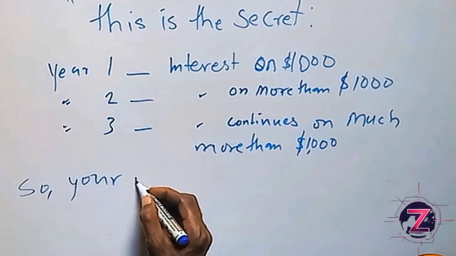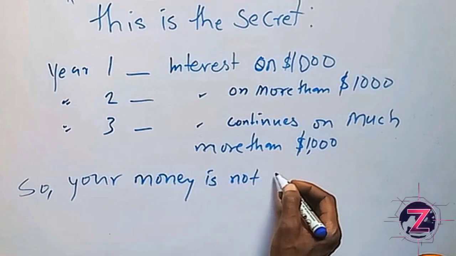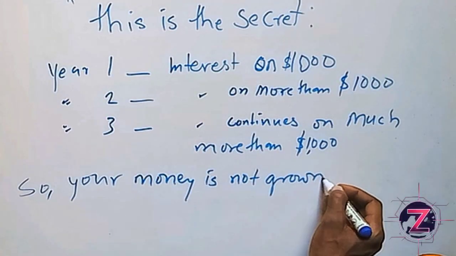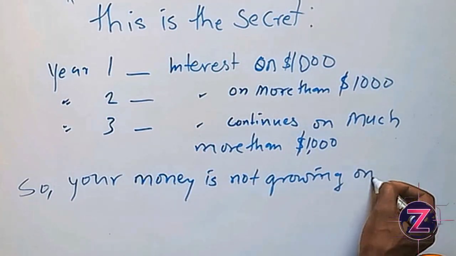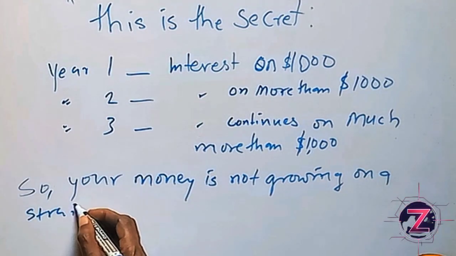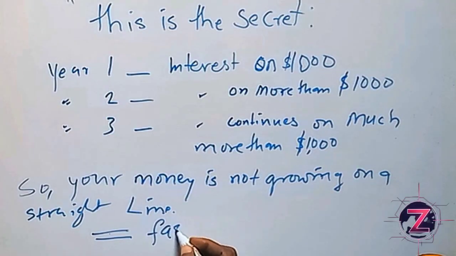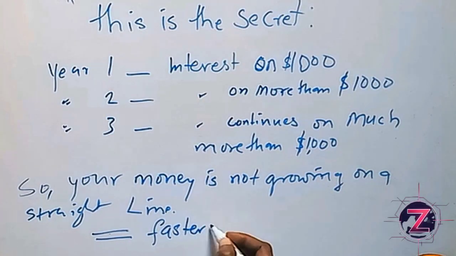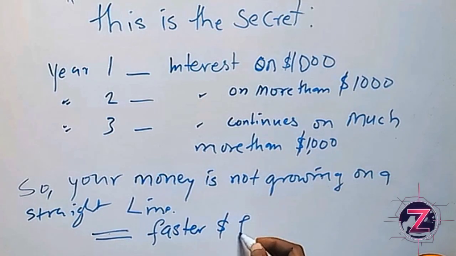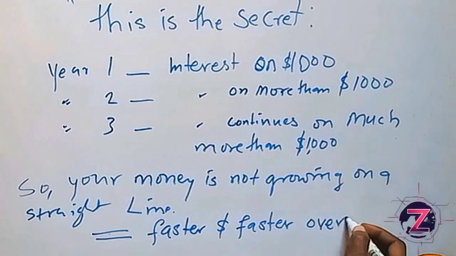So your money is not growing on a straight line. Rather, it's growing faster and faster over time.